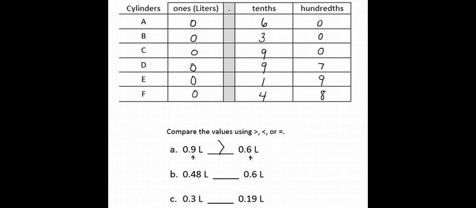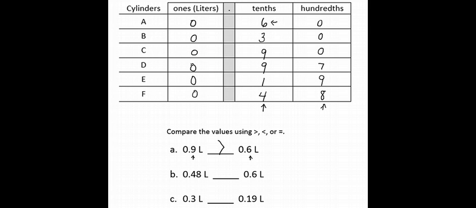In the next one, we're comparing the cylinder that had 48 hundredths to the cylinder with the 6/10 liter. So the 48 hundredths was cylinder F, and we're comparing that to cylinder A. Now F has 4/10 of a liter and 8 hundredths, but A has 6/10.